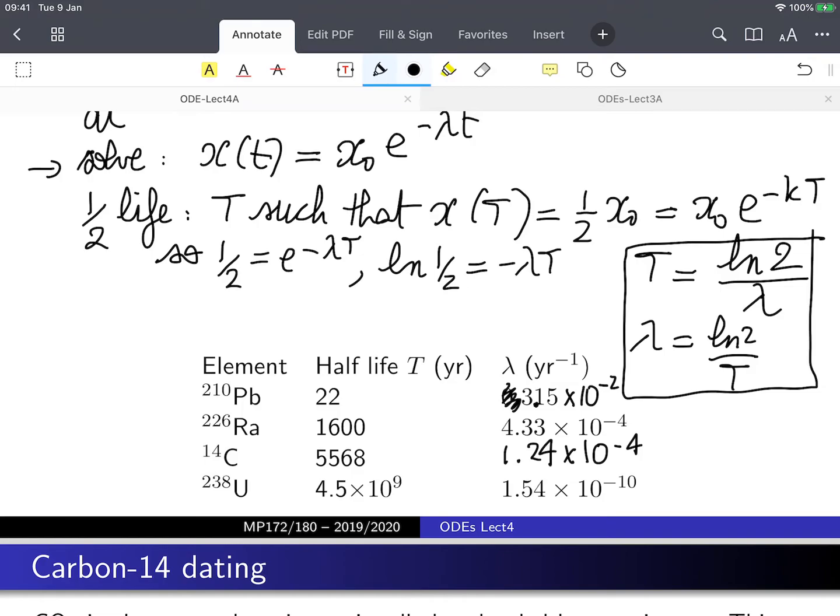Oh yeah, that's at the bottom. 10 to the power 9. I get 1 point. Yes, so that's good. Is it consistent with the book? Let's go totally forensic on this. Pb, that's lead, le plomb in French. So that will be at the end. Oh, doesn't even do it.